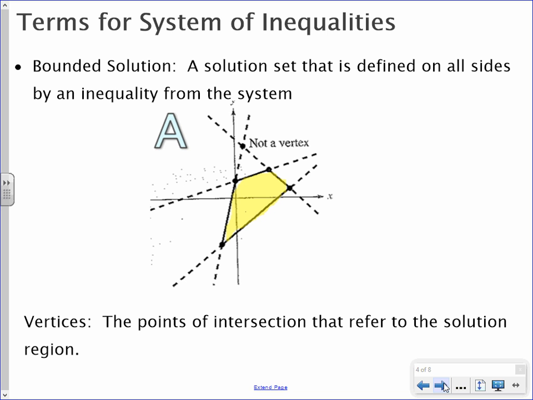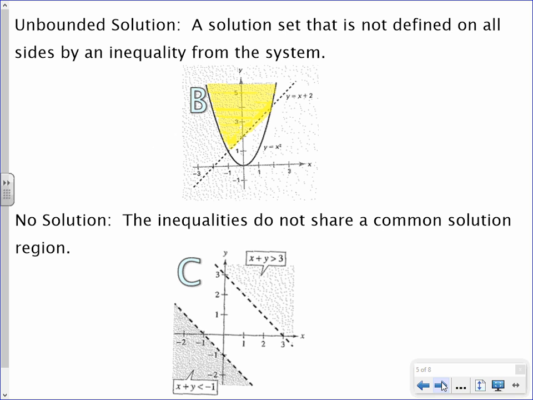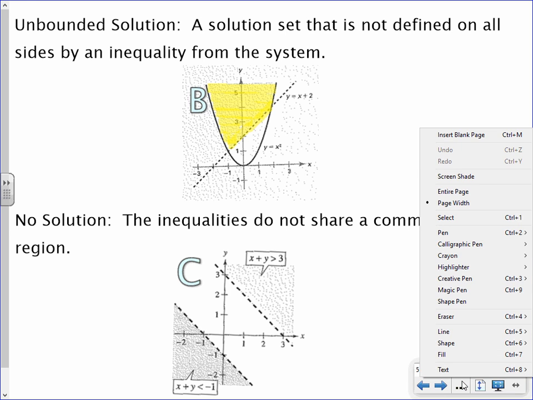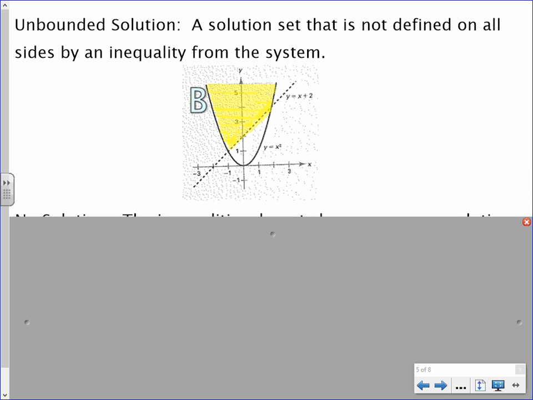Now, it is possible for us to have a solution that is unbounded. Notice this graph up here, how we have our shading, but it's going to keep going on forever and ever.